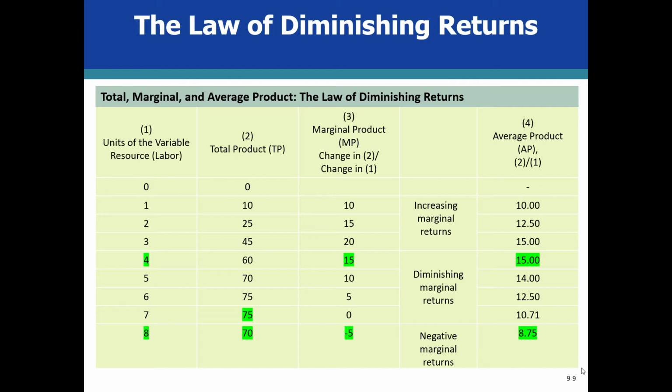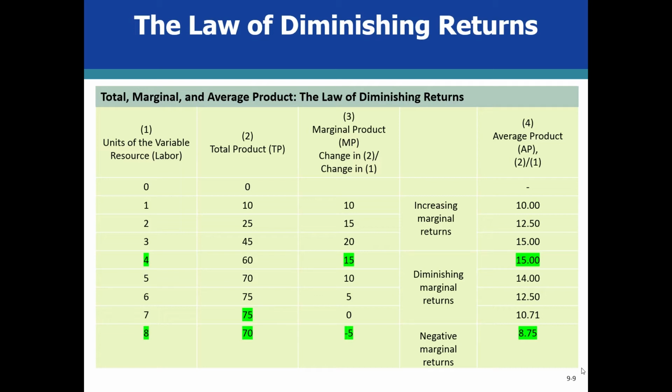Column 2, the total product produced with the fixed equipment, and it increases up to a point. The marginal product is in column 3, and that is the incremental product produced with each additional input of labor.